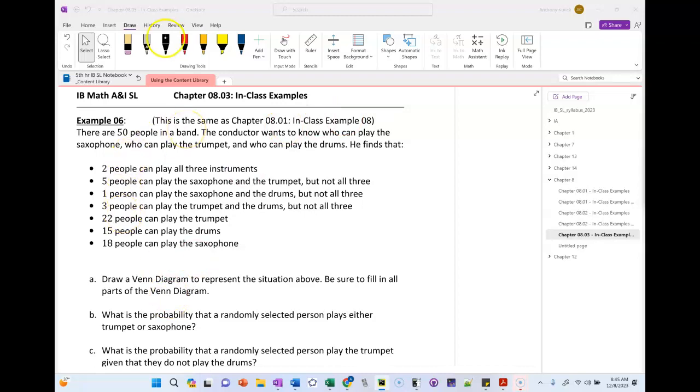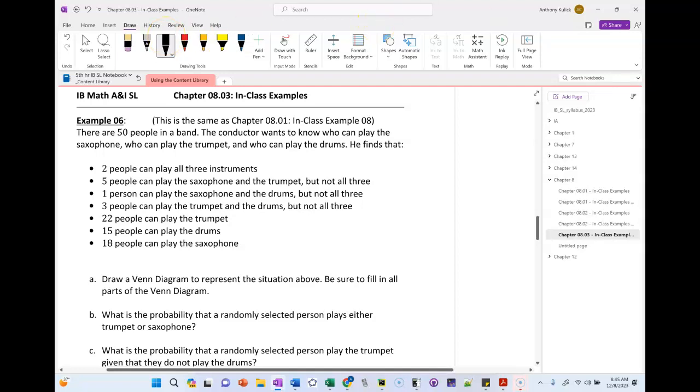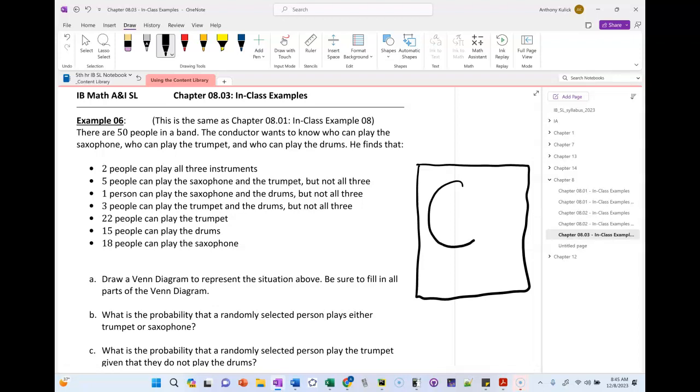So we get to draw some massive Venn diagram, it looks like. Great, I agree. Let's call those circles S for saxophone, T for trumpet, and D for drum. So we put 2 in the middle, the triple intersection, good.